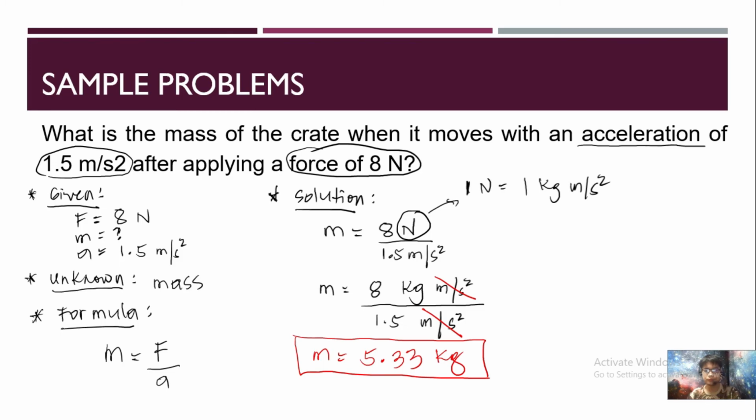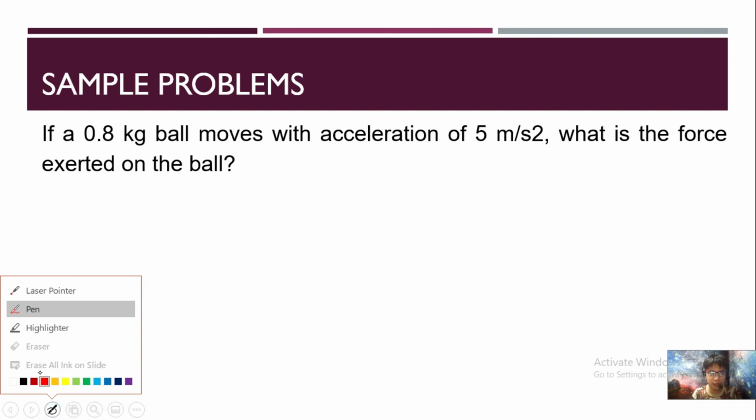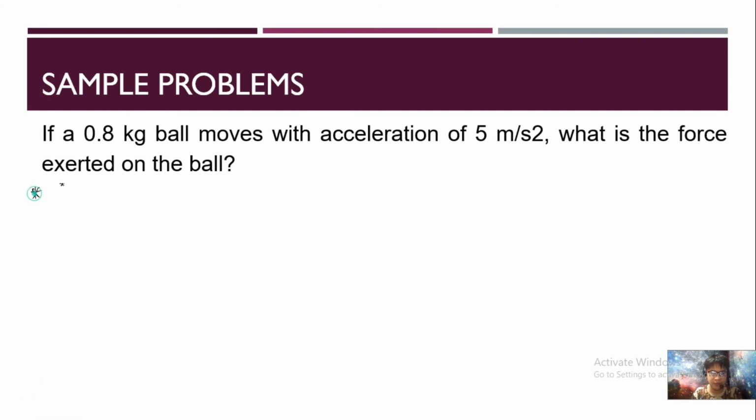Last problem: if a 0.8 kilogram ball moves with an acceleration of 5 meters per second squared, what is the force exerted on the ball? So let's start with the given. Force, mass, and then acceleration.